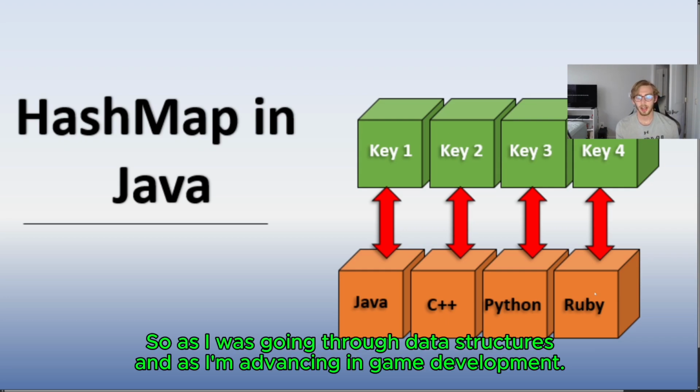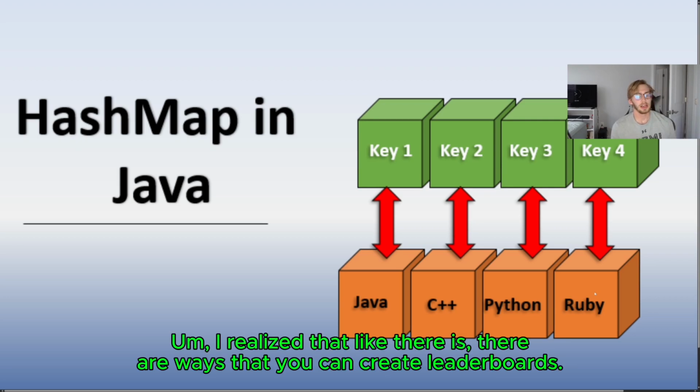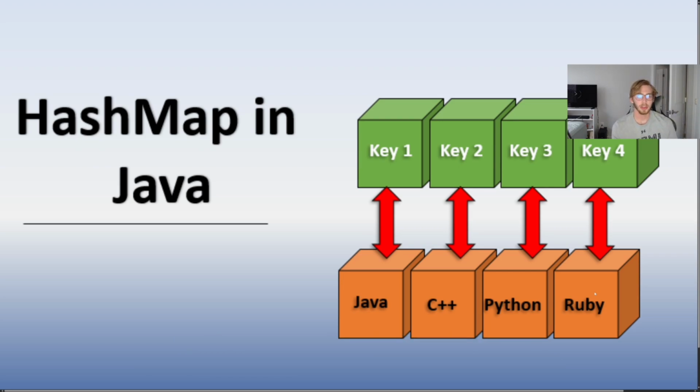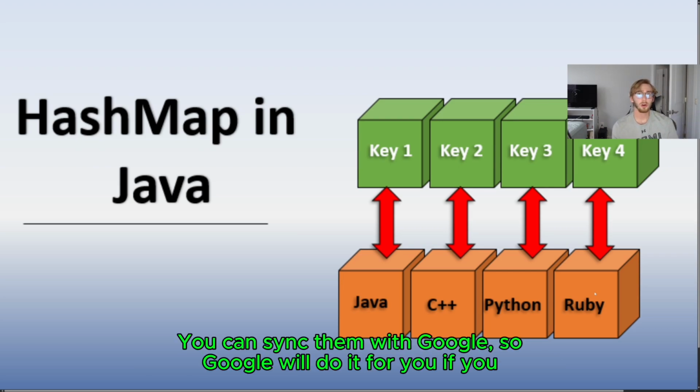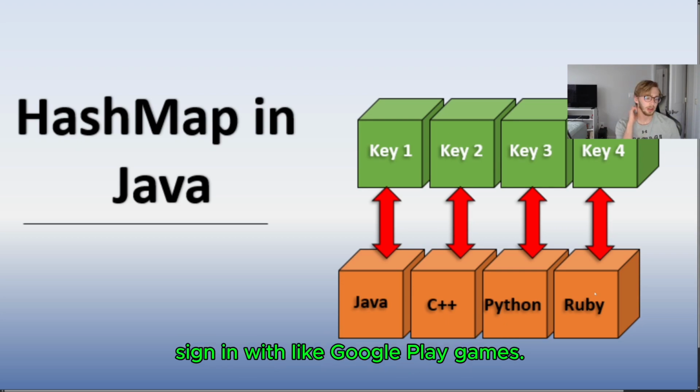So as I was going through data structures and as I'm advancing in game development, I realized that there are ways that you can create leaderboards. You can sync them with Google, so Google will do it for you if you sign in with Google Play Games.